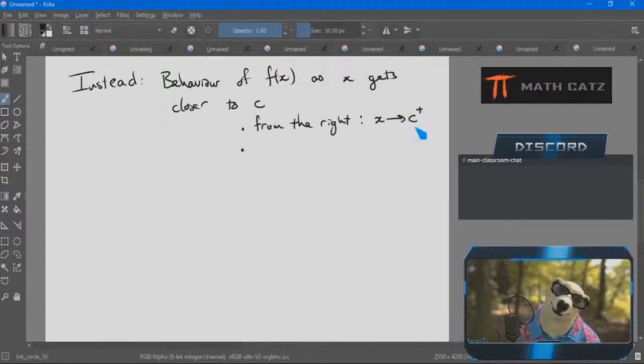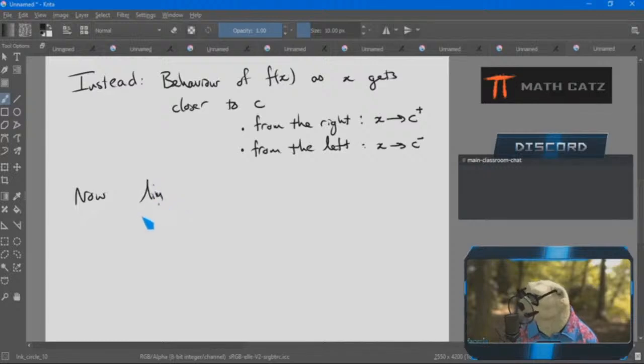We're going to put a little plus there to indicate that I'm not coming towards c from around c. I don't care if the function's defined around it. I'm only interested in the right side. And of course, then I can ask about the left side as well. So I'm just doing half of the requirement. And I'll put a little minus sign there at the top to indicate that I might be coming from the left side.